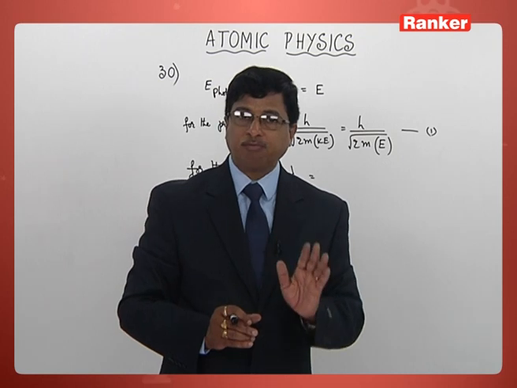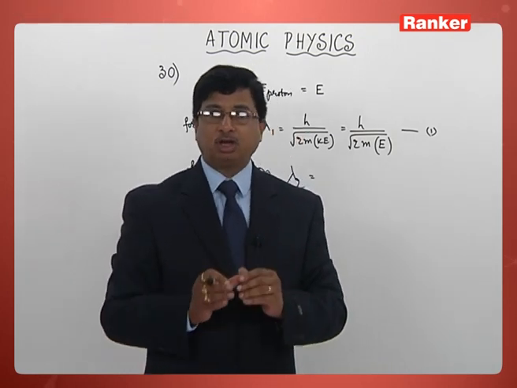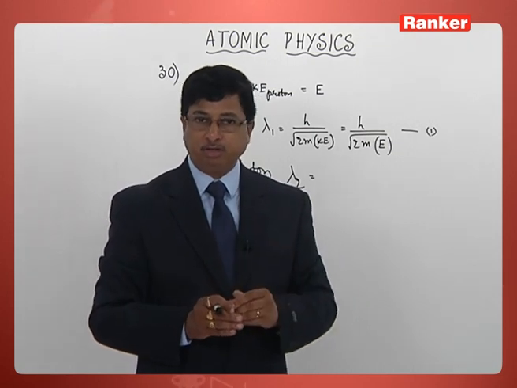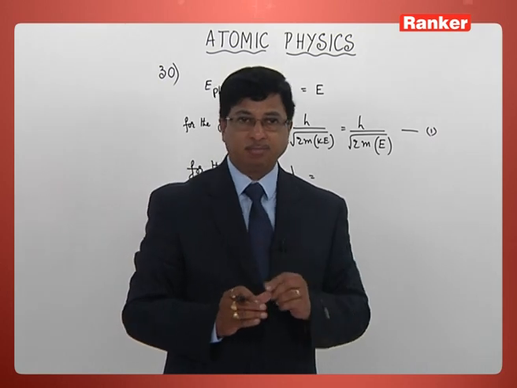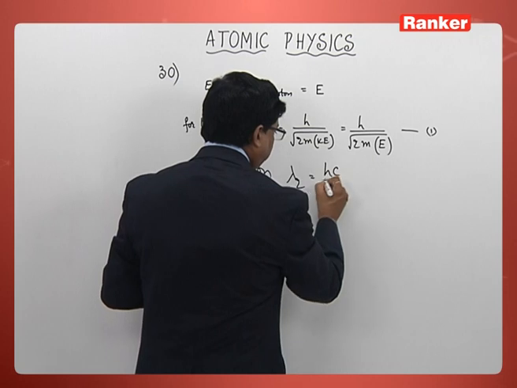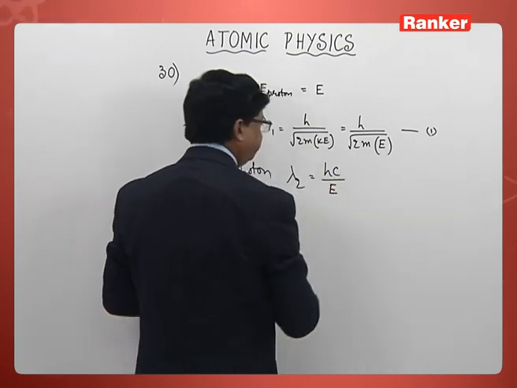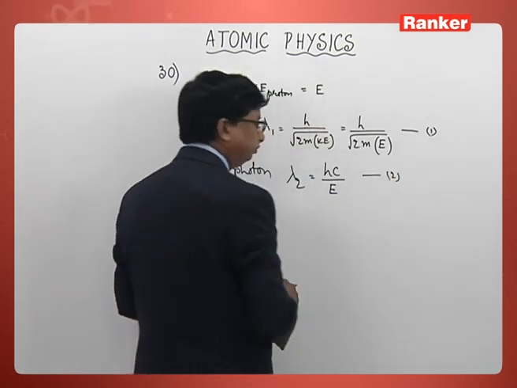There is a formula for photon. Photon energy is h nu according to quantum theory. We know that. That can be written as hc by lambda. So what can I write for lambda now? Lambda is hc by energy. That is my second equation.